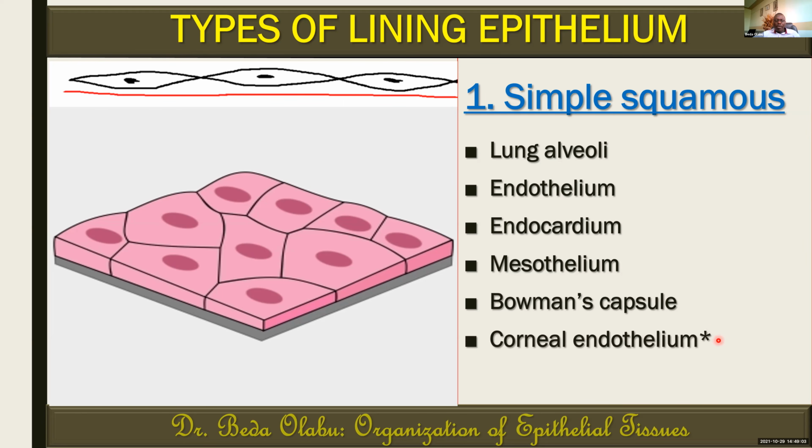The inner epithelium of the cornea is called corneal endothelium. That epithelium may be simple squamous or may be simple cuboidal. Then we have some segments of the nephron, especially the thin segments of the loop of Henle. Those ones are lined by simple squamous epithelium. That is the distribution of simple squamous epithelium in the body.